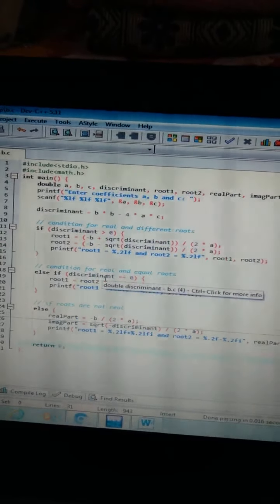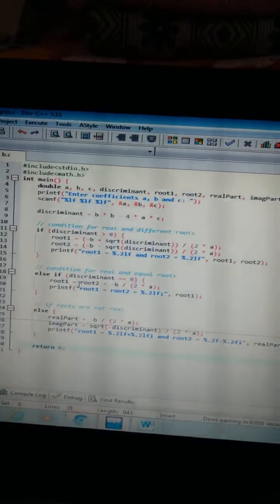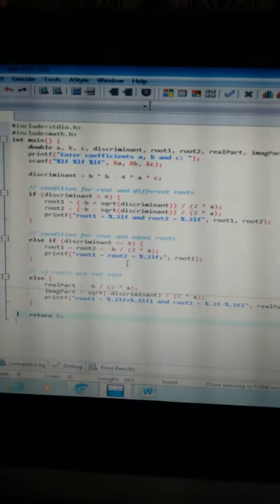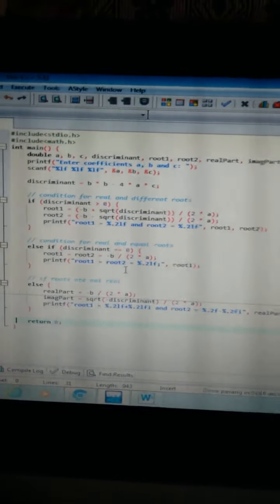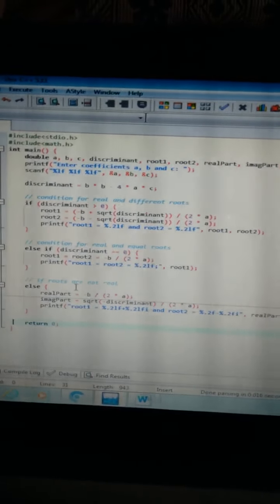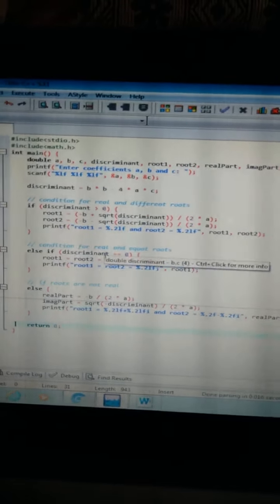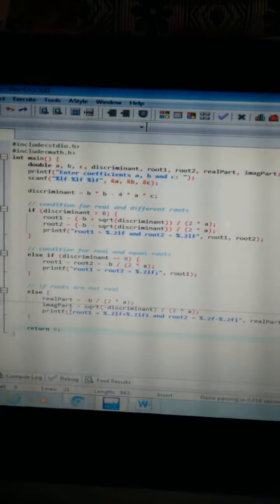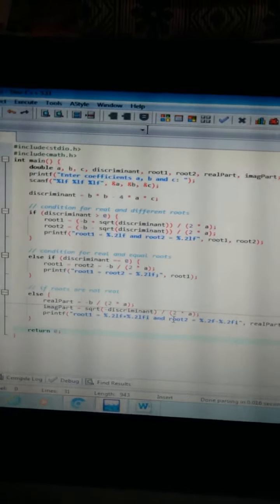Okay, then else if the discriminant is equal to 0, then root 1 and root 2 are calculated by this formula and we get the result printed on the output screen. And if the discriminant is not greater or equal, meaning less than 0, then we calculate the real part by this method and the imaginary part by this method.